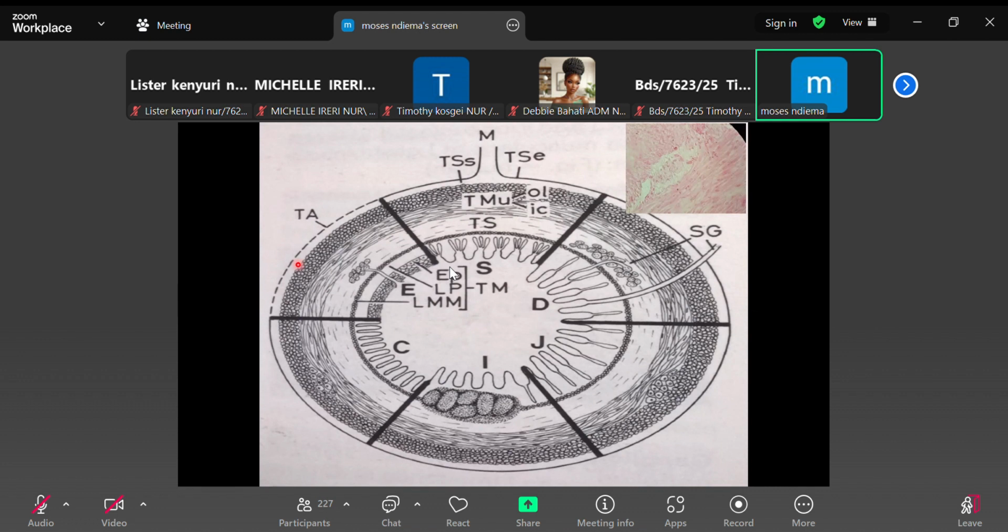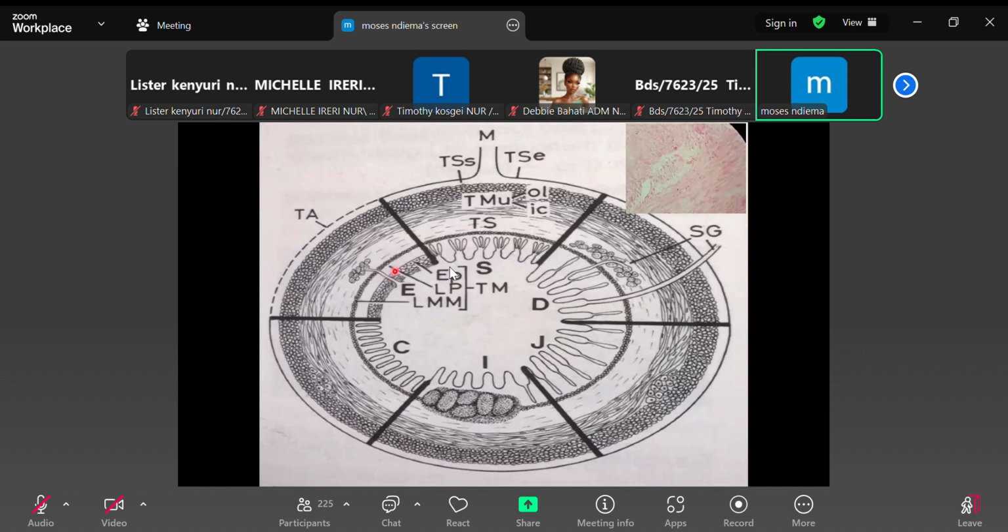In all cases, adventitia comprises dense connective tissue with collagen fibers and some elastic fibers, and also blood vessels, nerves, and lymphatics, because these enter the digestive tract from the adventitia, from the outside. So that is the arrangement of the esophagus.